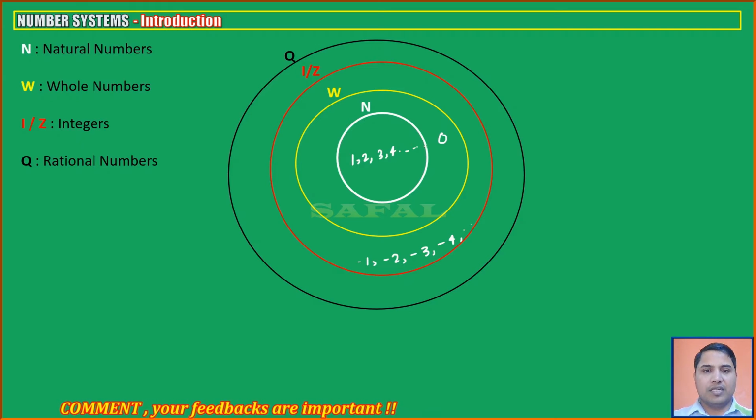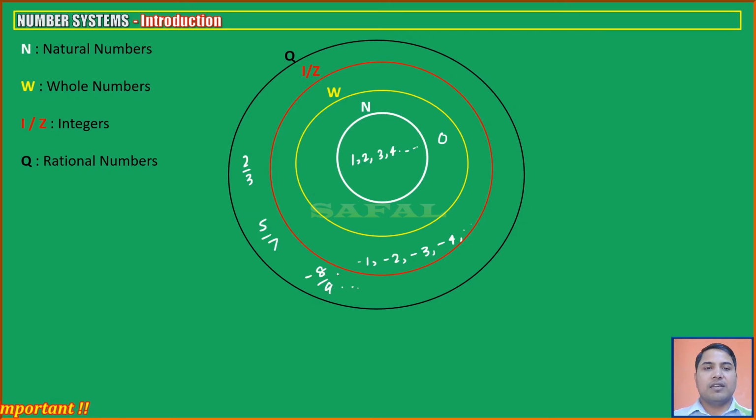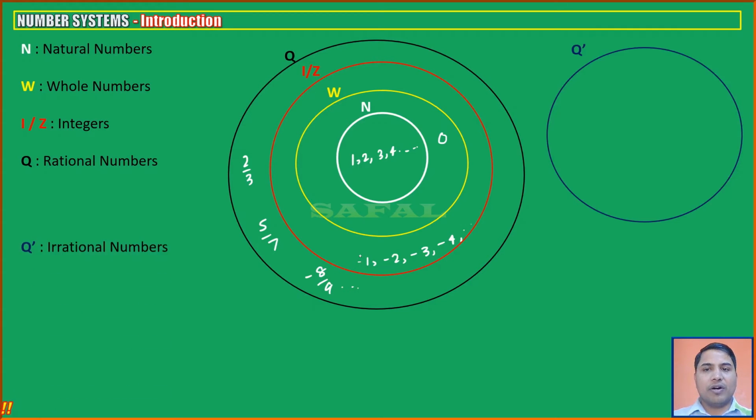Rational numbers, because rational numbers contain all of this: natural numbers, whole numbers, integers, and then numbers of the form P by Q, like 2 by 3, 5 by 7, -8 by 9. So this all comes under rational numbers. The next collection we saw is irrational numbers, that we denote by Q dash.